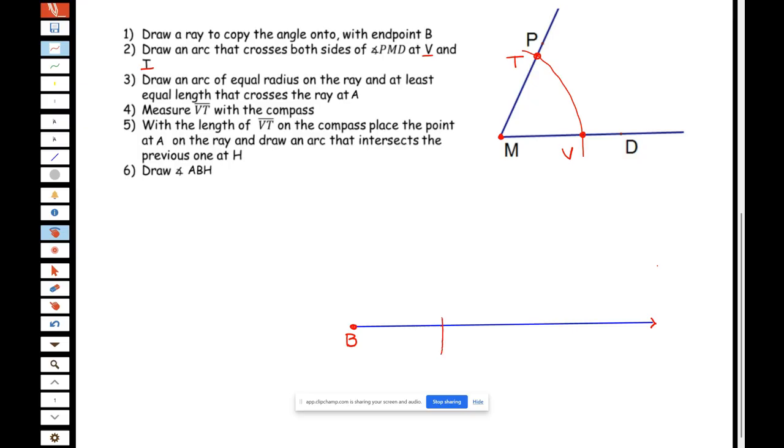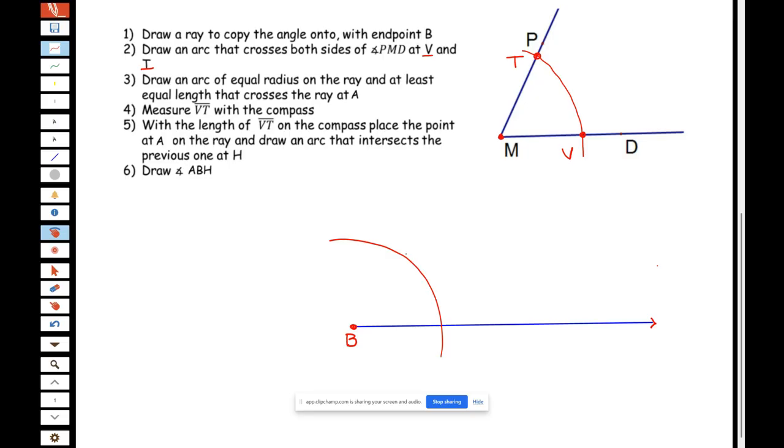So with my compass, I opened it to the same radius, and I should have kept it from closing the first time. Okay, I think I can probably draw that a little bit neater. I don't know how far it's going to need to go, so I'm going definitely further than what I need because I'm going to be doing an acute angle.